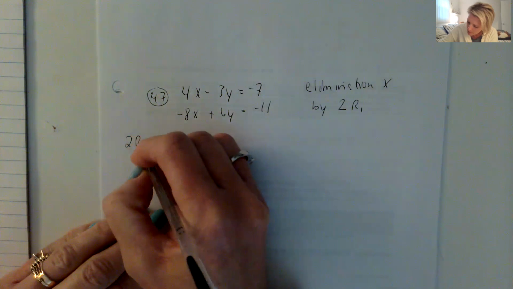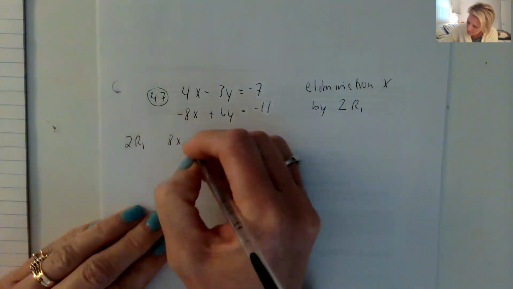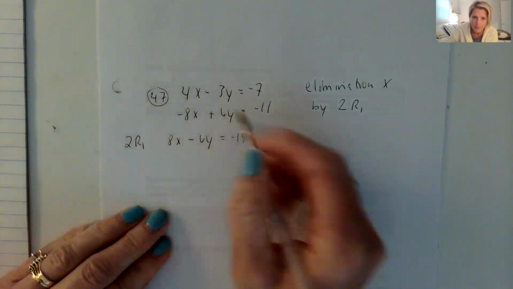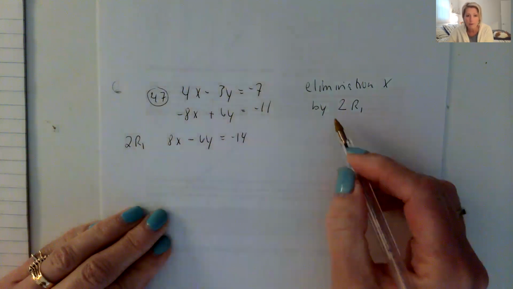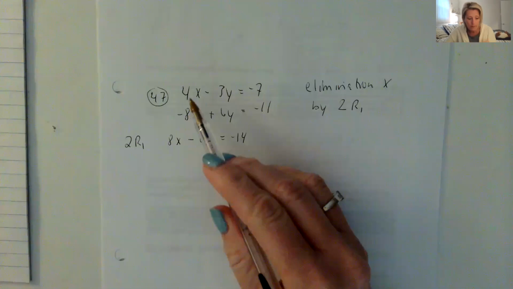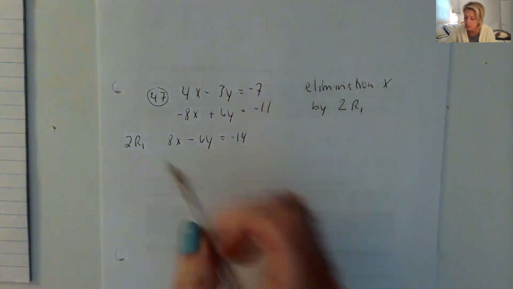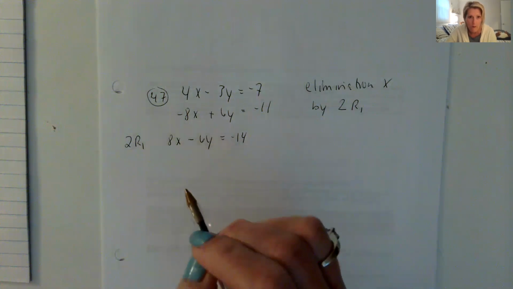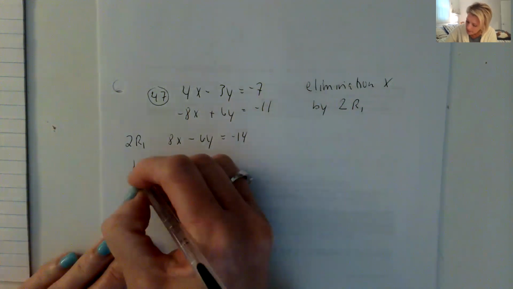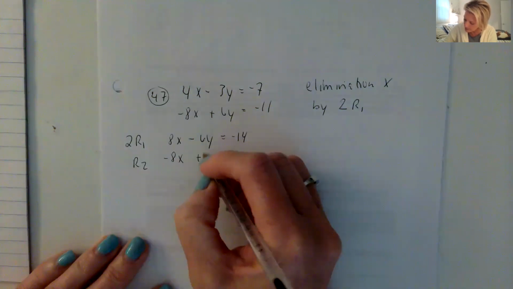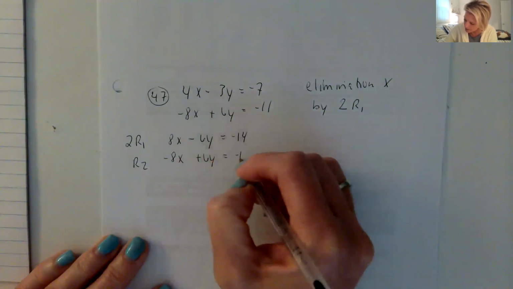So 2 times row 1 is going to be 8x minus 6y equals negative 14. Remember, if I'm going to multiply by 2 to get those to be a common multiple, I have to multiply the whole row. That's why I wrote 2 times row 1. And then I'm going to leave row 2. So we have negative 8x plus 6y equals negative 11.